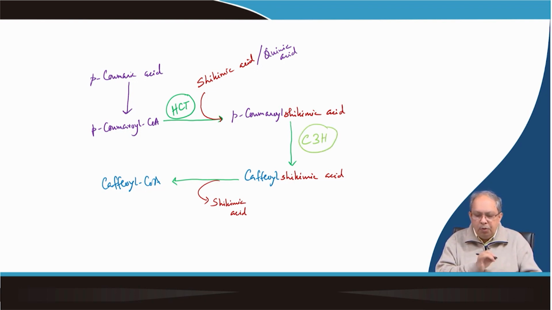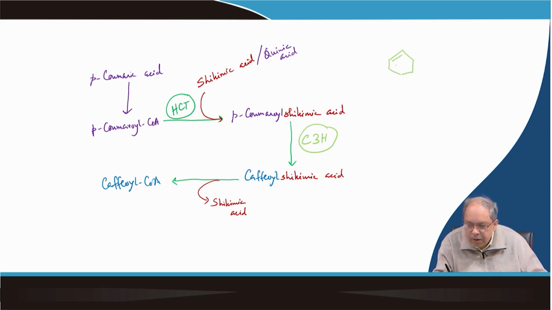So, remember the difference between the structures of coumaroyl and caffeoyl. If I briefly tell, coumaroyl has only the 4 position, and caffeoyl has the addition of a hydroxyl at the 3 position.